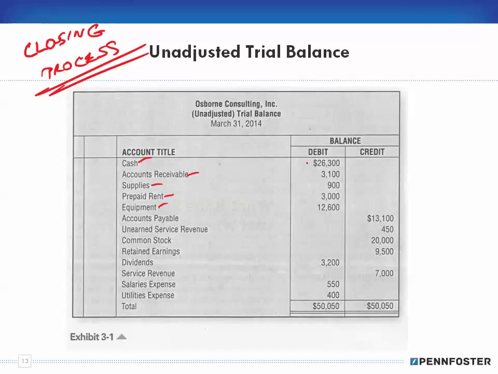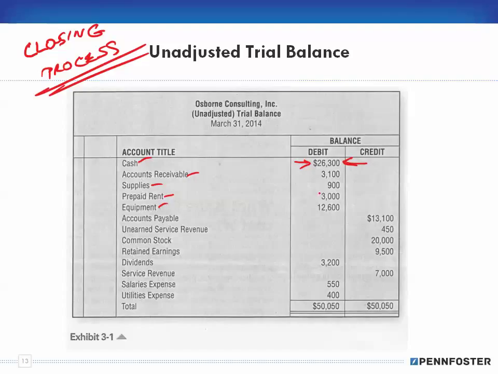If it's not correct, let's say for example, he's looking at $26,300 for this cash account. Well, he's going to look at a bank reconciliation. I realize that you haven't covered a bank reconciliation in the first 3 chapters, but he's going to look at the bank reconciliation and see what the balance should be, and he does some calculations, and he says, okay, if this is the balance it's supposed to be, then that's correct.